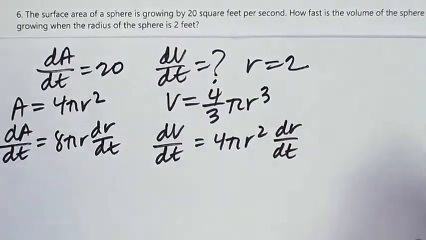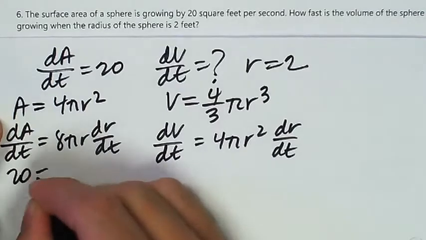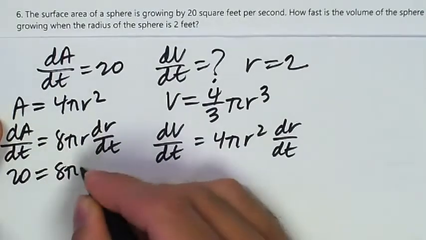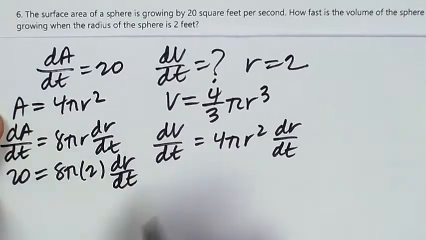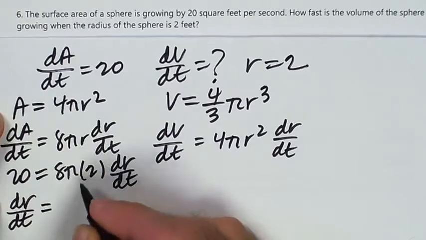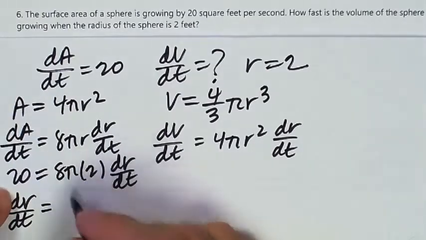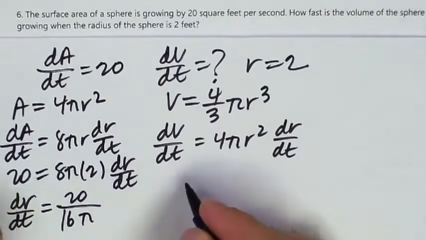So 4 and 5 was kind of getting you ready to solve the type of question that's asked in number 6. So dA/dt is 20, 8 pi, radius is 2, dr/dt is what I'm temporarily hoping to find. 20 divided by 16 pi.